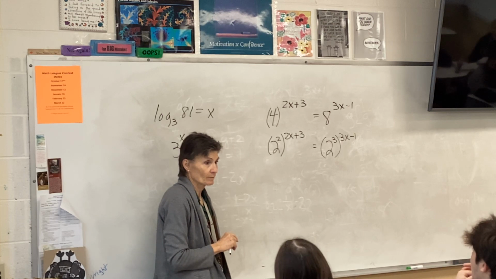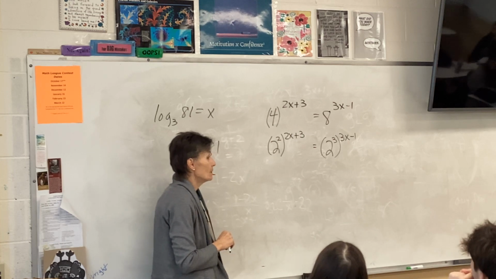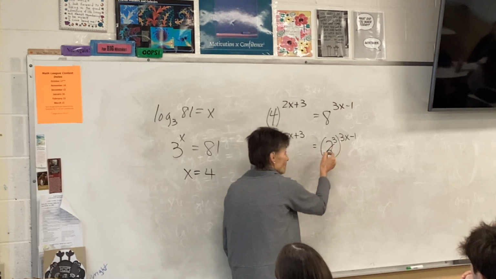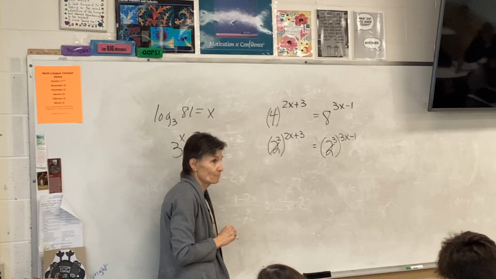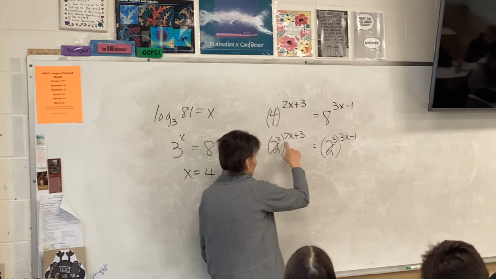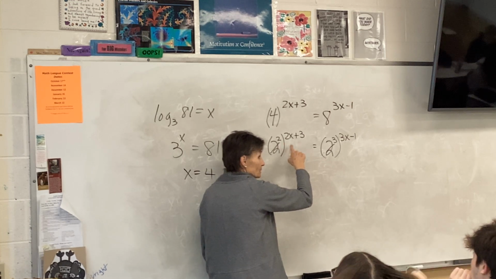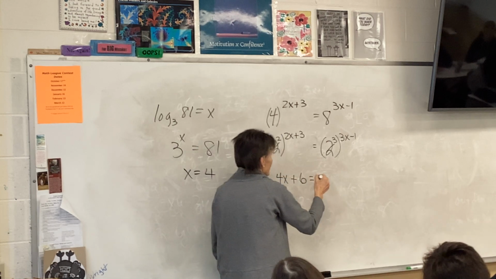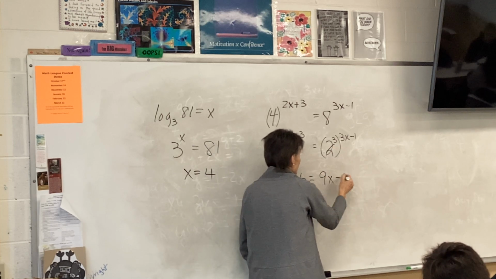There's like 4 and 7. Wouldn't work. We'd have to use calculator and logarithms. Now, once these 2 bases are the same, then I no longer need to have them. What do I do with this? That's a distributive. So that's going to be 4x plus 6. And similarly, this is a distributive, so it's 9x minus 3.